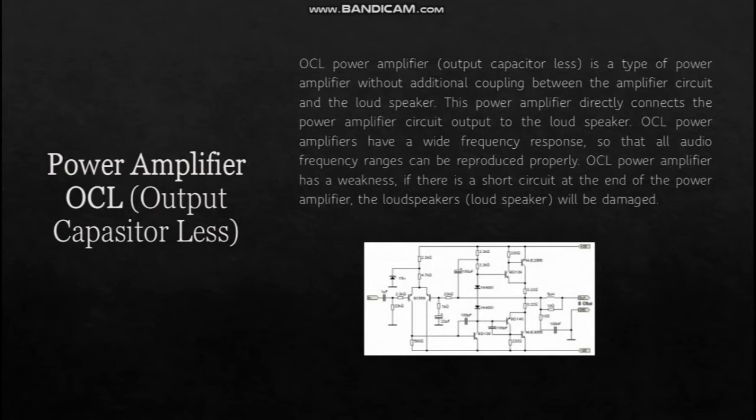OCL power amplifiers have a wide frequency response so that the whole audio frequency range can be reproduced properly. OCL power amplifier has a weakness. If there is a short circuit at the end of the power amplifier, the loudspeaker will be damaged.